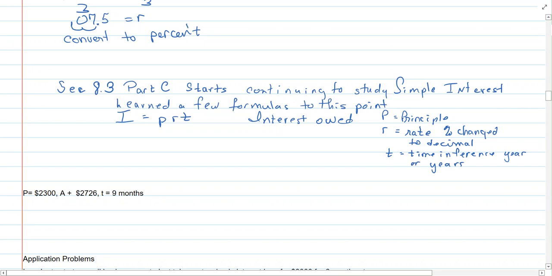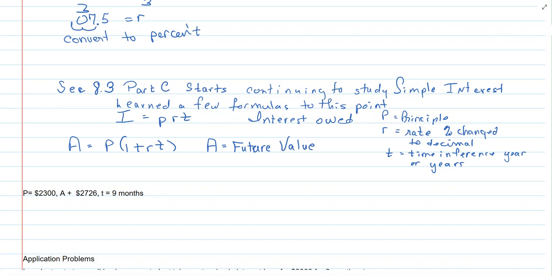So this gave us one thing. Well, what if we wanted the whole amount? Well, that meant the A. A means the future value, the total amount of the loan. Okay, and we're just about done on studying.